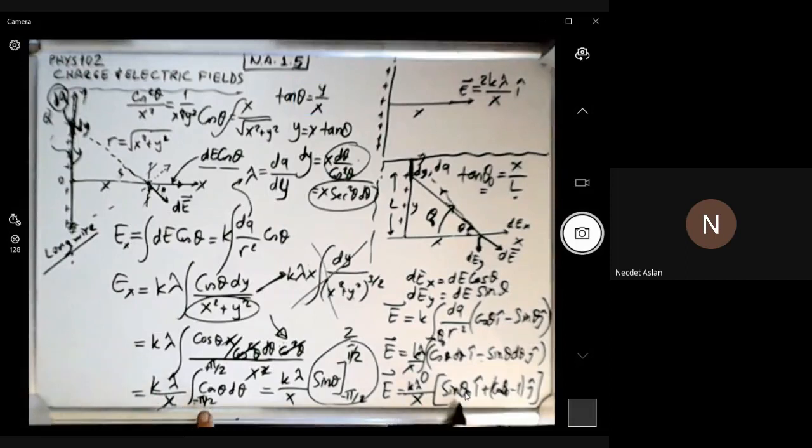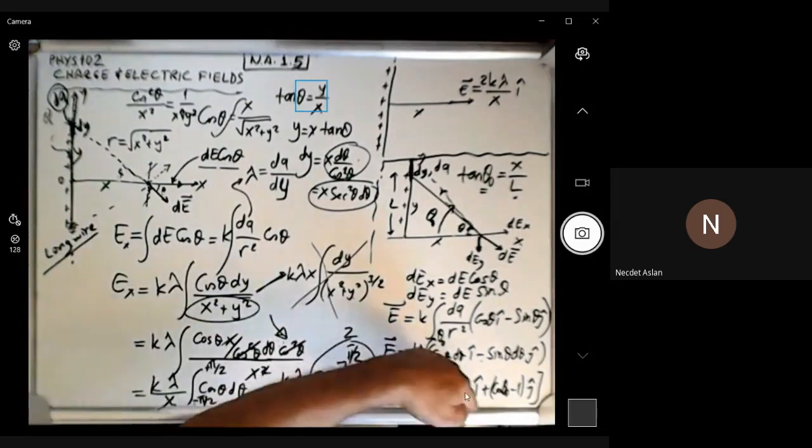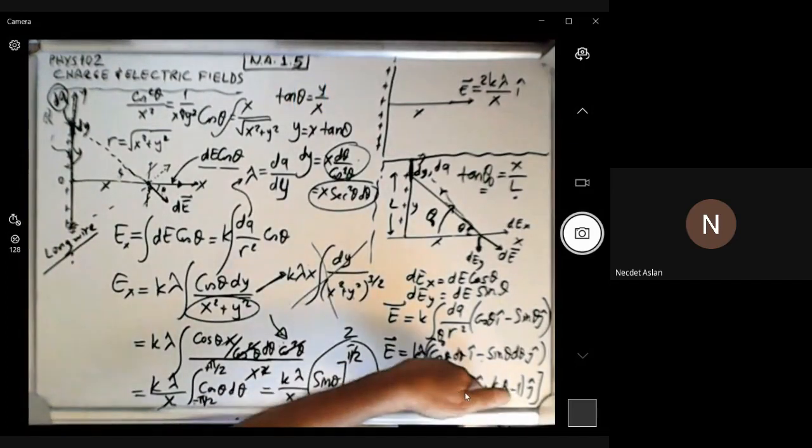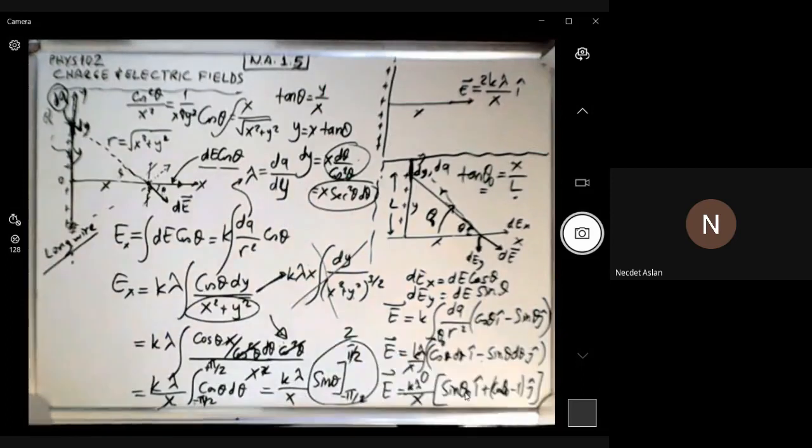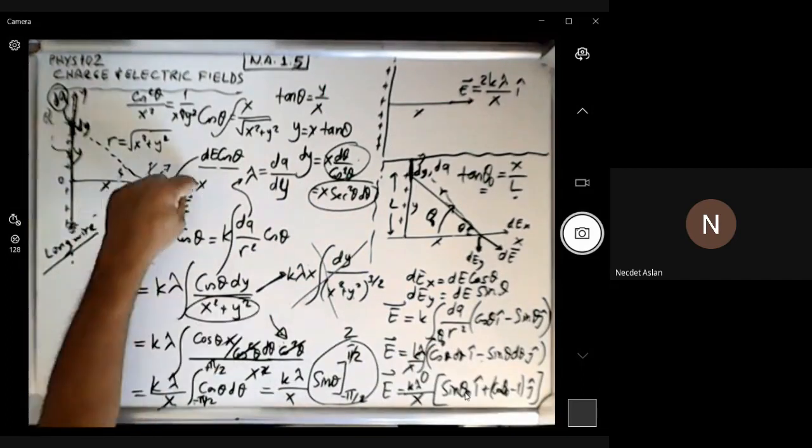So for our previous problem, remember that the maximum angle was 90 degrees, sine 90 was 1, but the second part gave us 0 because cosine 90 is 0, and 0 minus 1... that is, for this symmetric problem, the second part was exactly 0, so that the electric field was totally in the x direction.